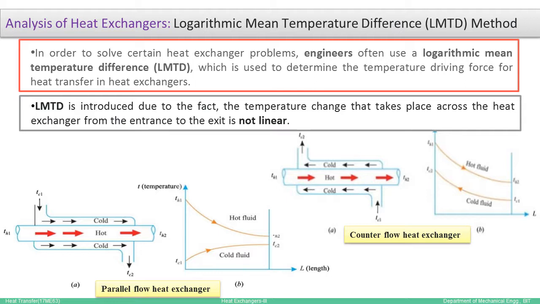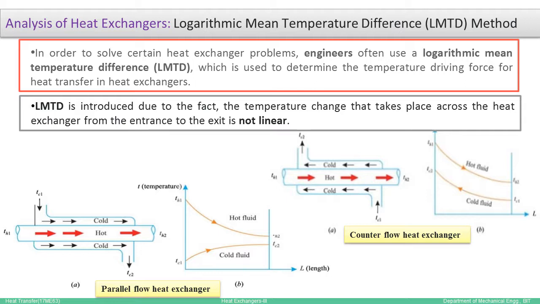In case of parallel flow heat exchanger, you can see that the temperature difference keeps on decreasing from the inlet to the outlet. In case of counter flow also, the temperature variation between the hot and cold fluid may differ along the length of the heat exchanger.